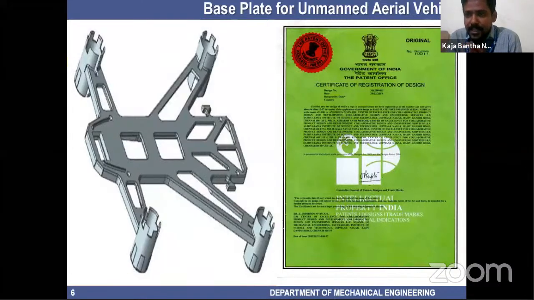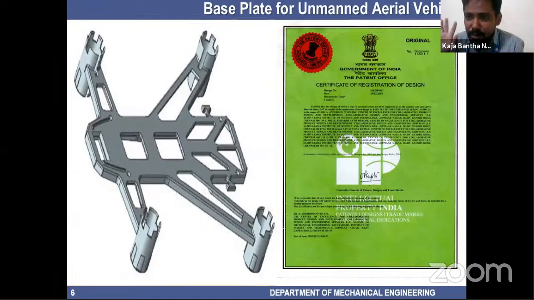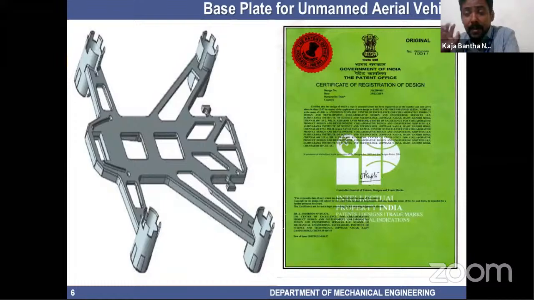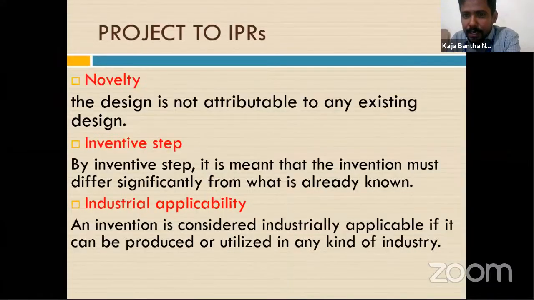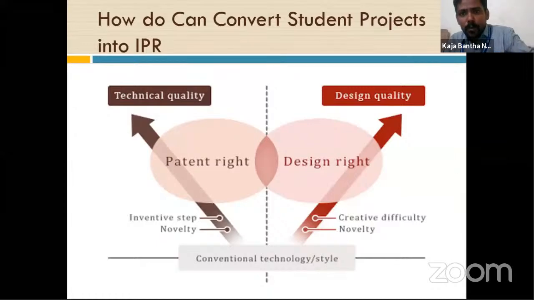Design patents are very easy in India. If you have properly submitted documents, within 6 months you can get a patent certificate. Design patents are very simple, but a product patent will take like 4 to 5 years. That is a different thing. Now, now, now, 1 minute.